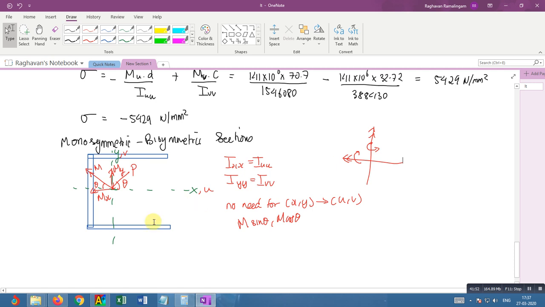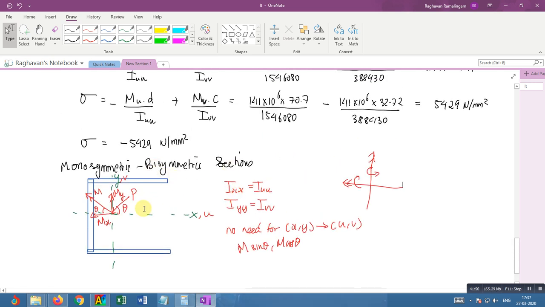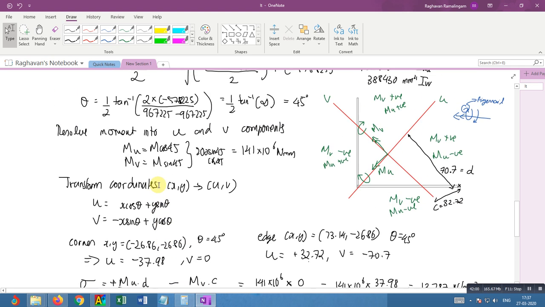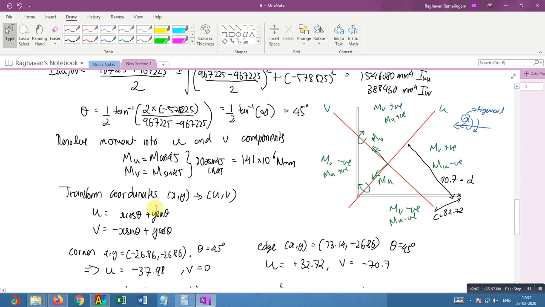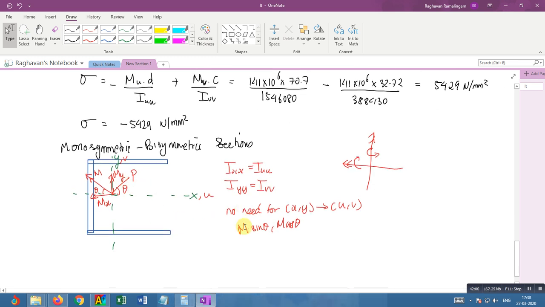So this is what you will have to do in case you have a monosymmetric or bisymmetric section with an inclined load. It's easier because you don't require these steps. You can just directly resolve the moments and get the stresses.